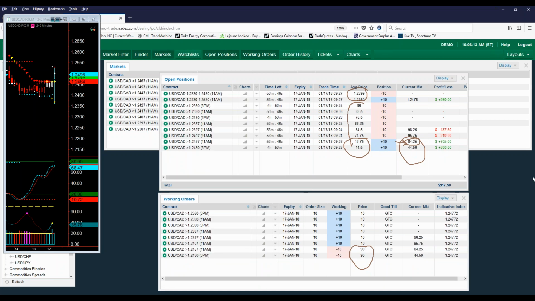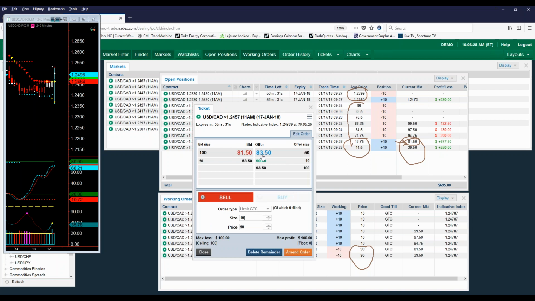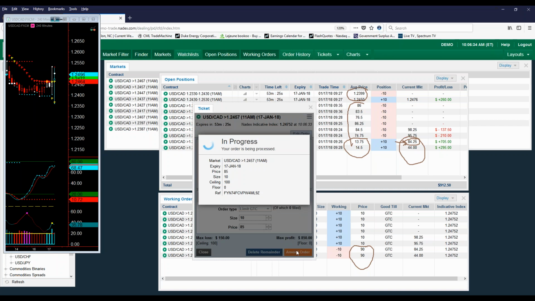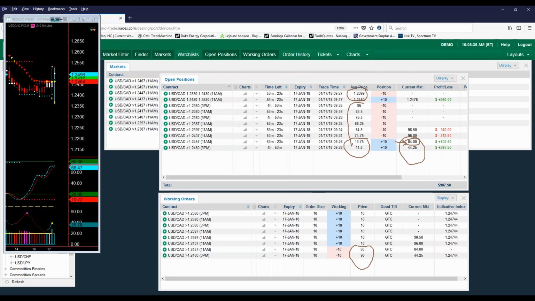That one got filled. When they pop around like that, you need to go in there and kind of play with it a little bit till you get filled. This one is at 2457. Again, doing the same thing because it's popping around. I'm going to set in 85 and see if it fills it at 85.